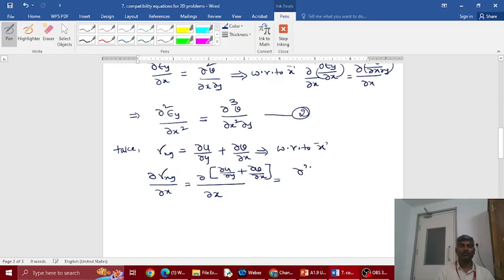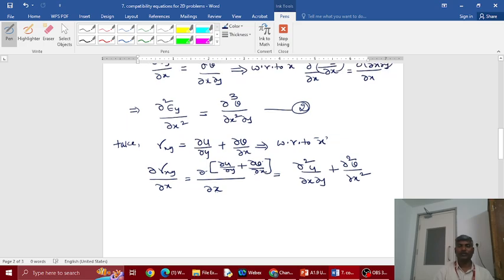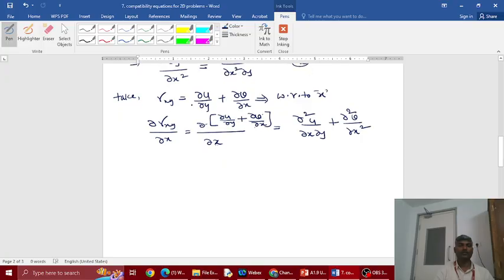So what do you get? ∂²u/∂y∂x plus ∂²v/∂x². This is the expression you get if you partially differentiate the shear strain with respect to x.